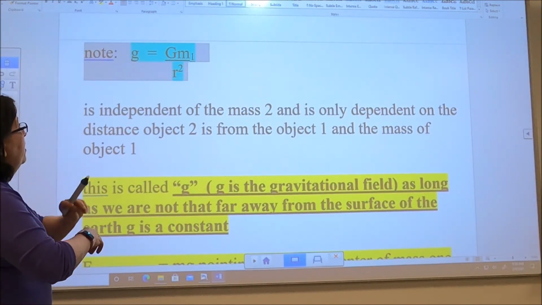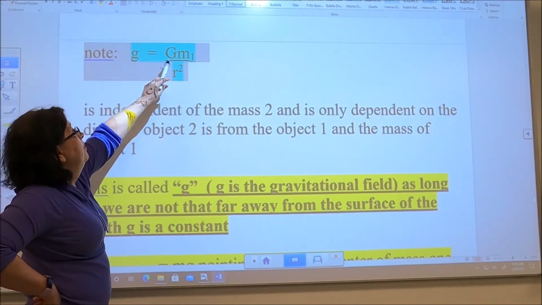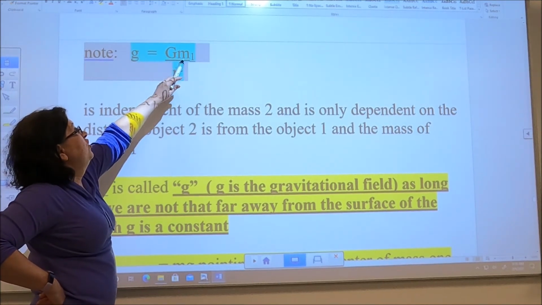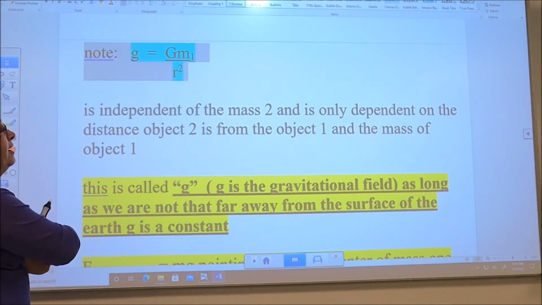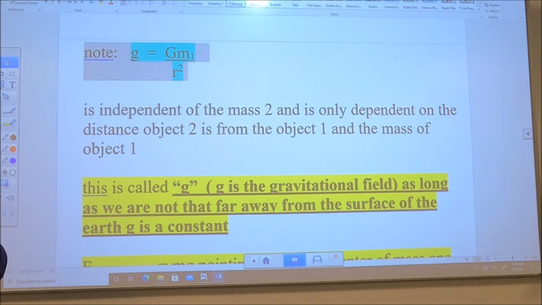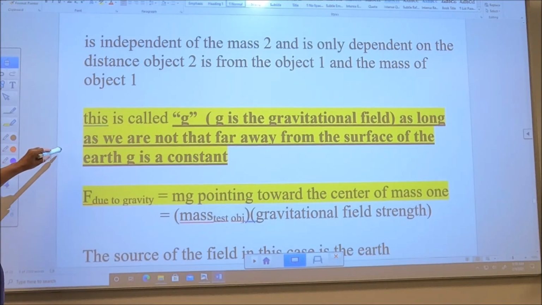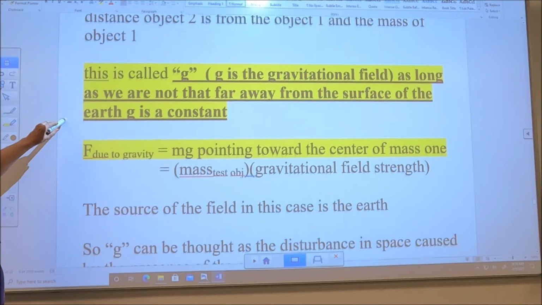Now, this value little g, which is big G M1 over R squared, is independent of mass 2 and is only dependent on the distance object 2 is from object 1. Okay? And as long as we're close to the surface, g is pretty constant.